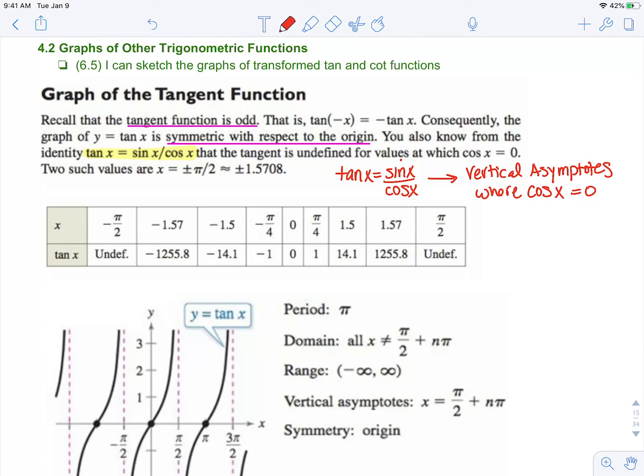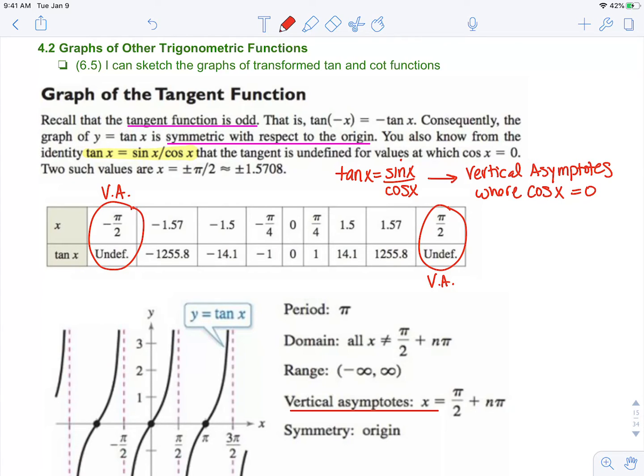So that'll happen here at negative pi over 2, and here at pi over 2. So vertical asymptotes always exist at pi over 2 plus multiples of pi.